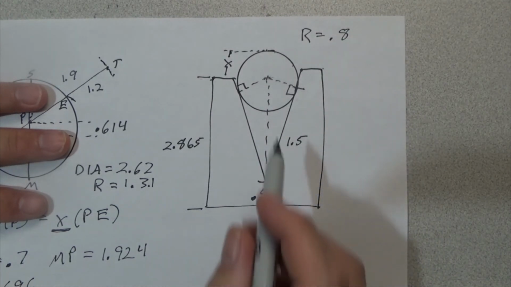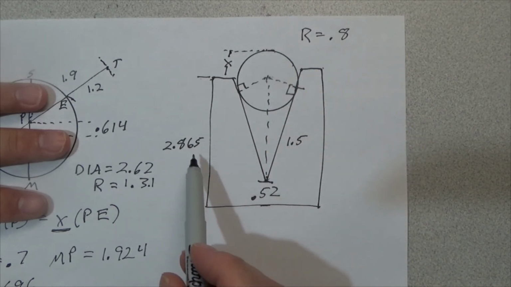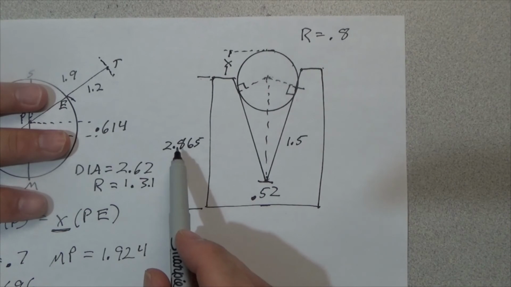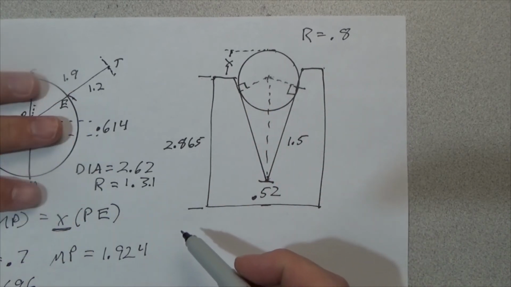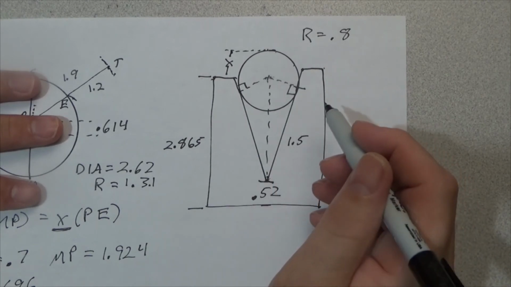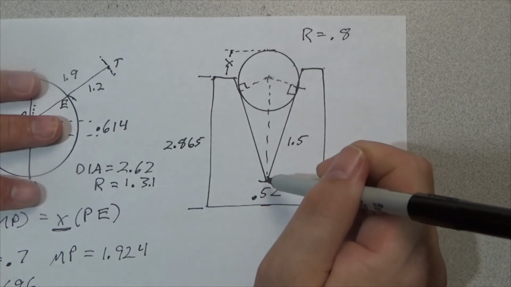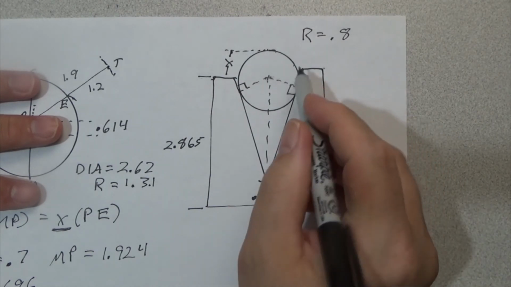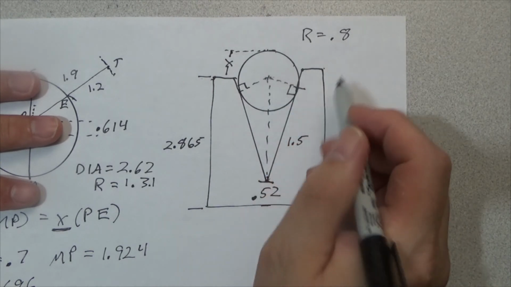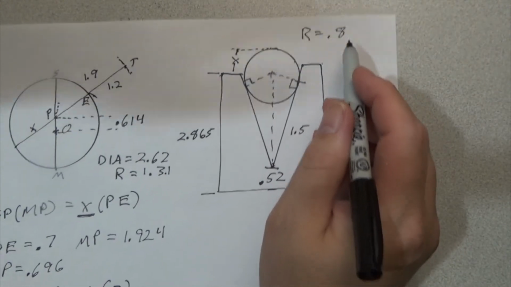And if I have that total distance, then I can subtract off this distance right here to get x. So my first initial goal is to find the distance from here to here. Well, this is 1.5, and this one is 0.8 because the radius is 0.8. All right?